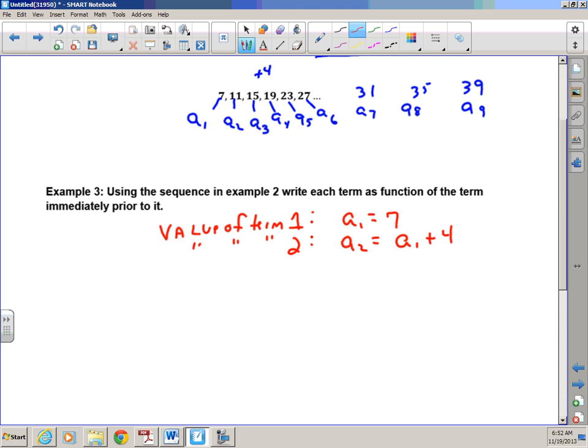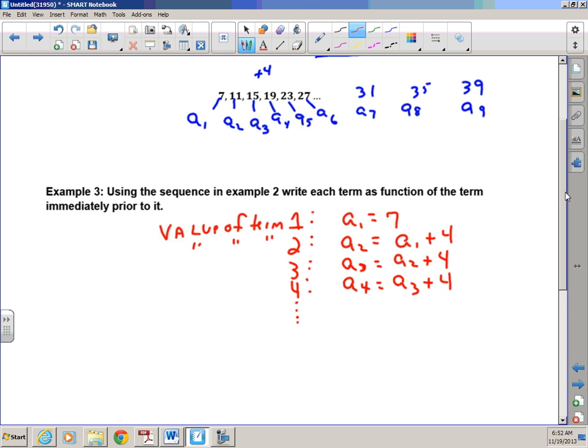The value of term 3 is A2 plus 4. Now, we're just going to continue on with this to show you that as we keep going, the value of each term is the prior term plus the common difference of 4.